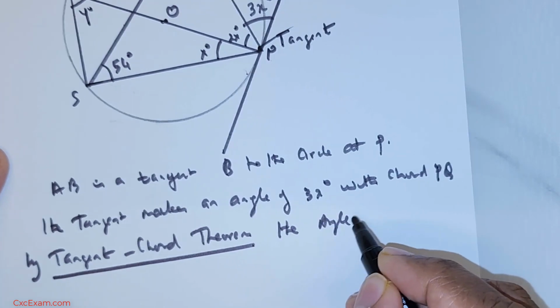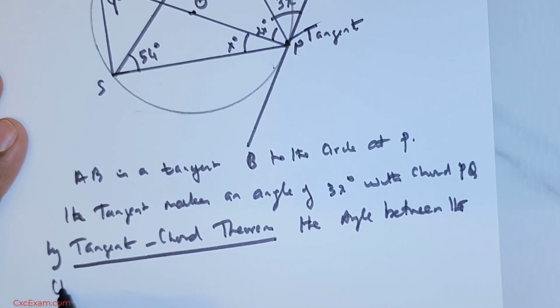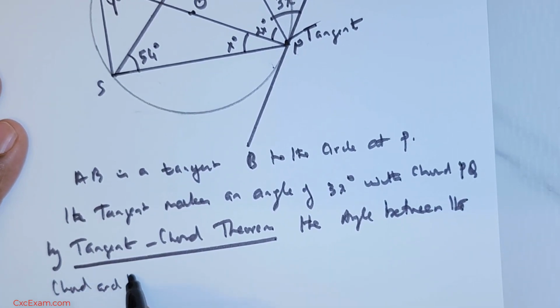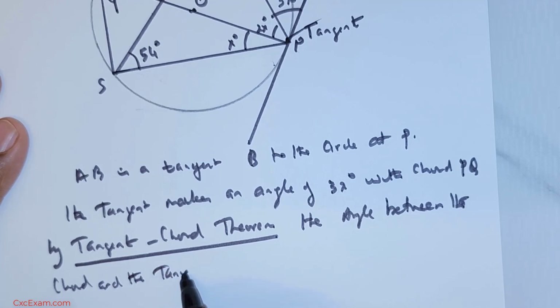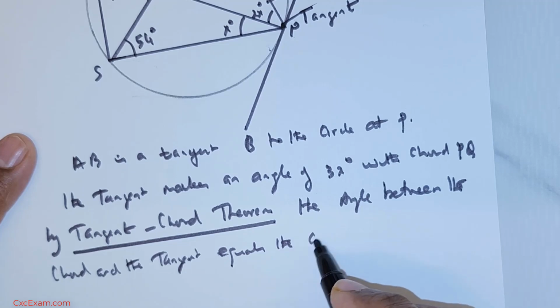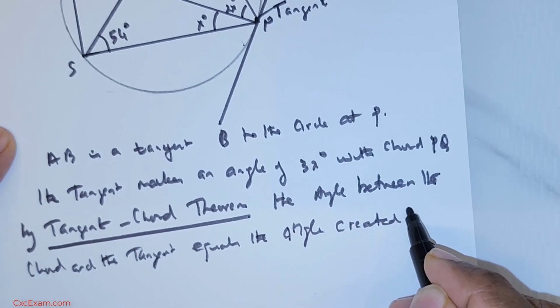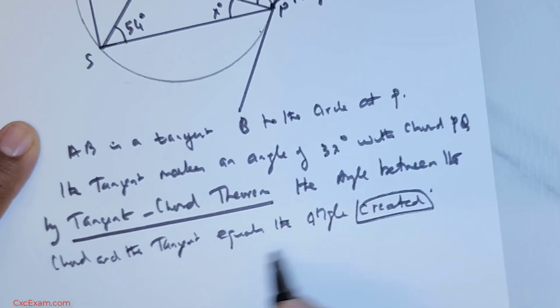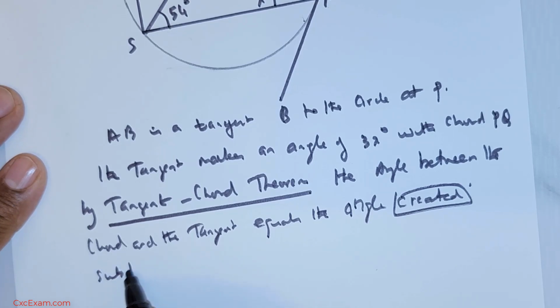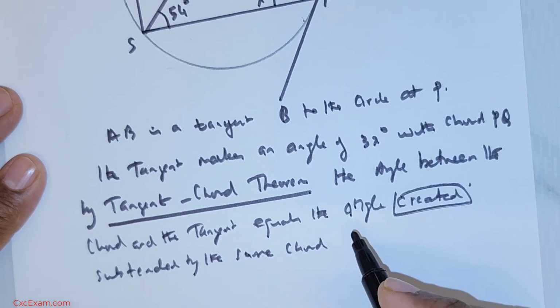the angle between the chord and the tangent equals the angle created, or I would say angle subtended, by the same chord.